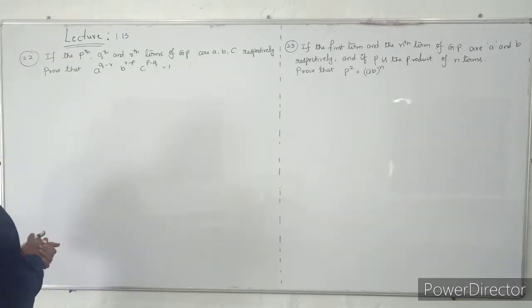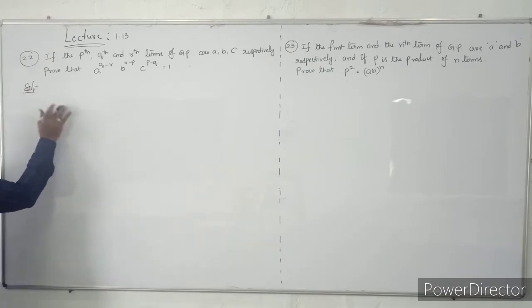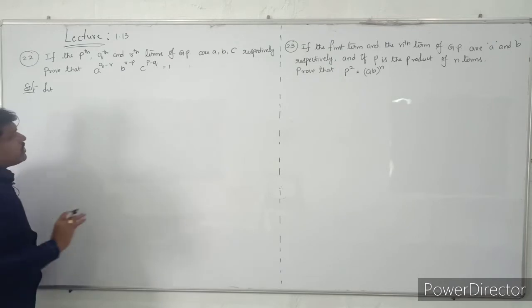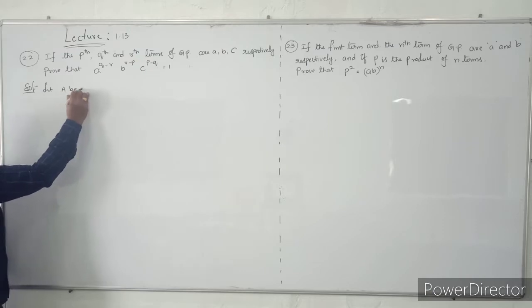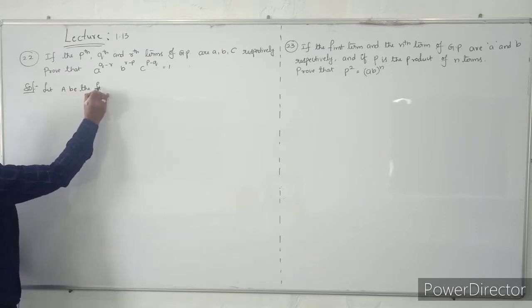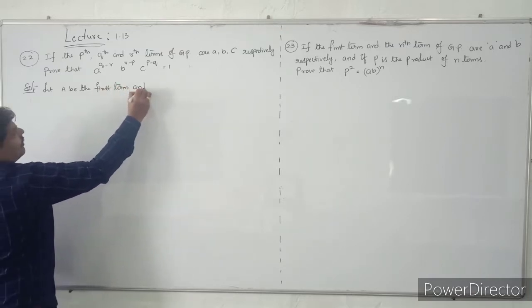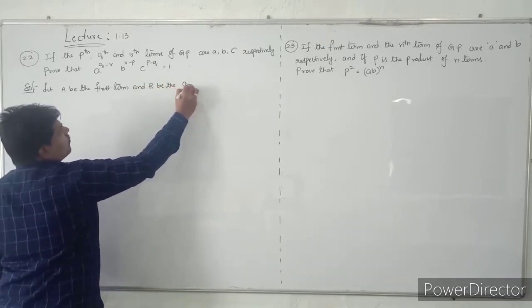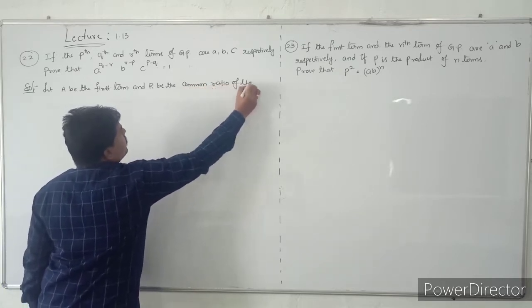So for this one, see the solution here. Let's first take that one. The small a and small r are already given in the question. So let capital A be the first term and capital R be the common ratio of the GP.